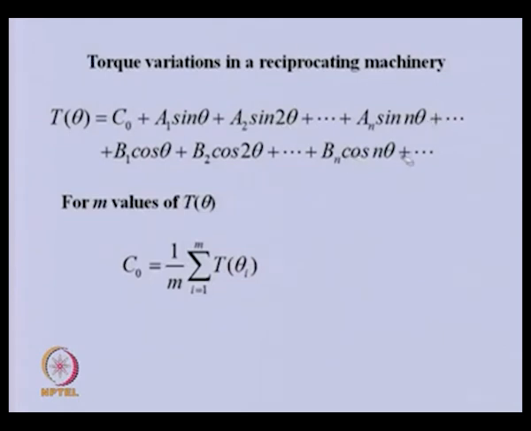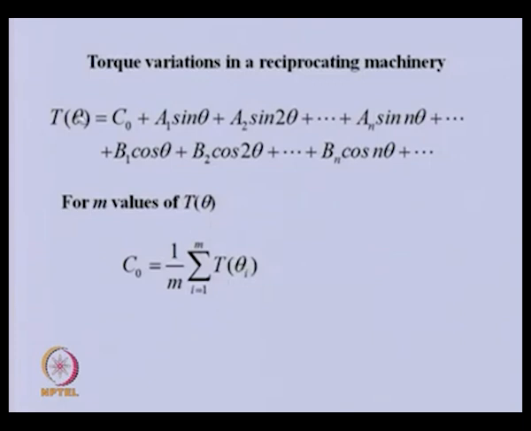Depending upon the accuracy we want, we can take n of any order, but n of 10 or 20 will be good enough for any practical purpose. And as we know, this particular constant is nothing but the mean of the torque, which is expressed like this.